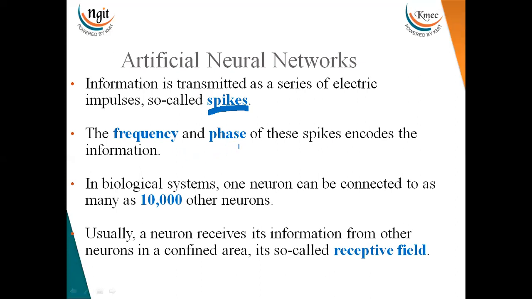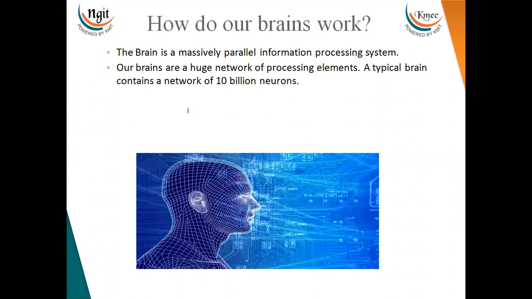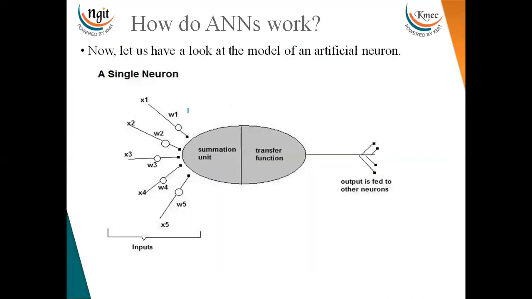The frequency and phases of the spikes encode the information. There are more than 10,000 neurons, means it forms a huge network. Here you can see on the right side the human brain, and on the left side we are showing how it is internally connected, just like your ANN. Now, how does our ANN work like a human brain?